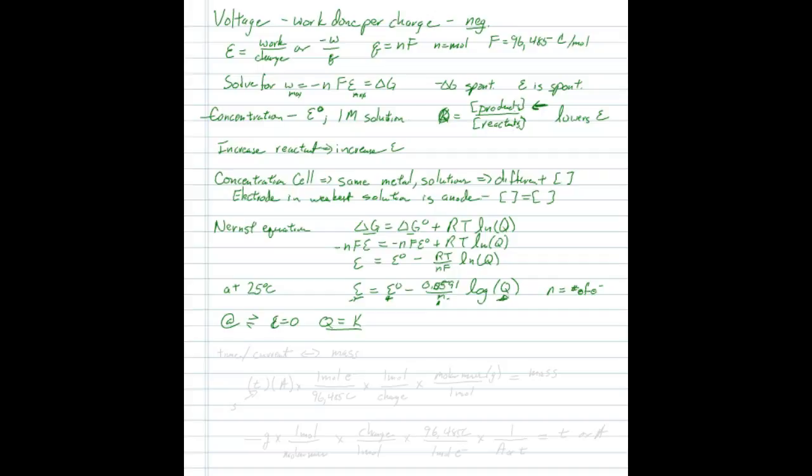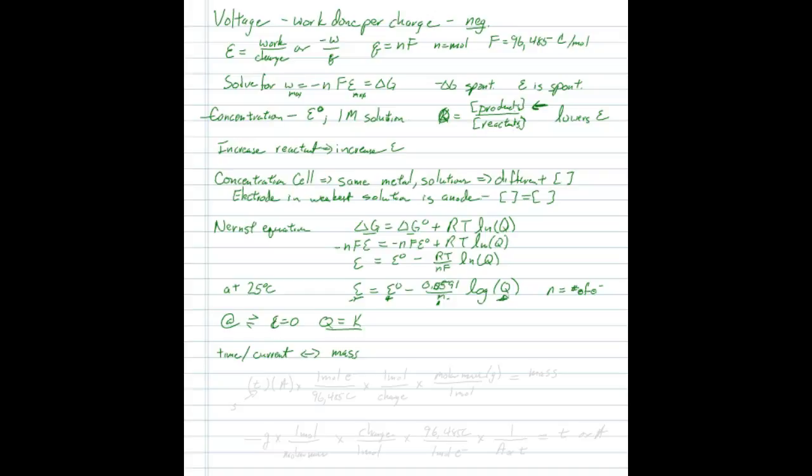The last stuff is in conversions. If you know the time and or current of a voltage, you can do mass conversions. So you can go back and forth between mass change in electrodes, along with the time and the current that you have, depending upon what you have.